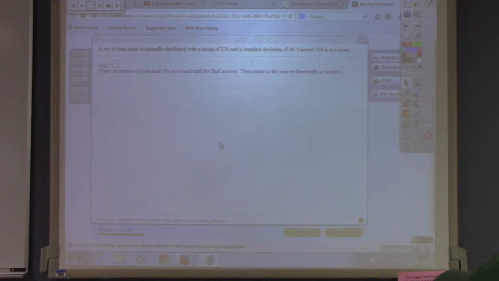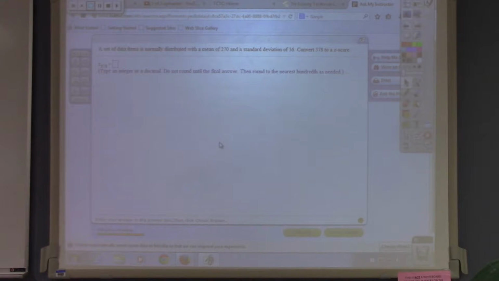And then after you draw it, convert everything to a z-score and do 378. Okay, convert 378. You don't even need to draw it. I'm sorry. This one you don't even have to draw. You just say 378 minus what? 270.